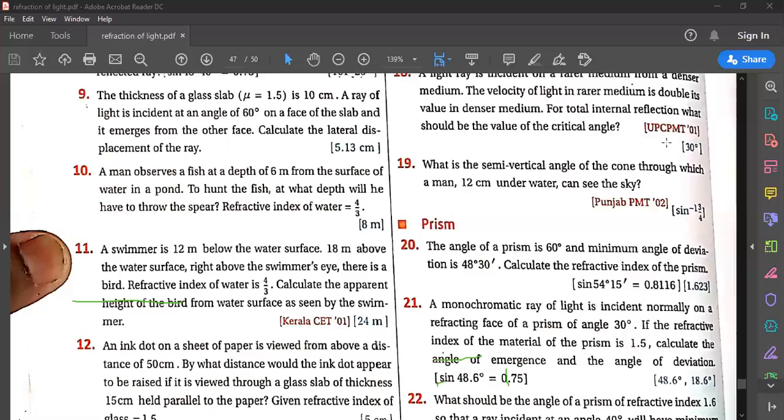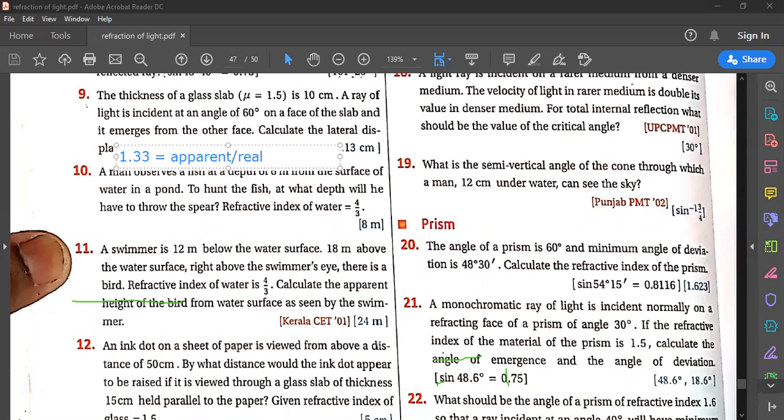So what was the formula? Mu 1.33 is equal to apparent height by real height. Apparent by real.